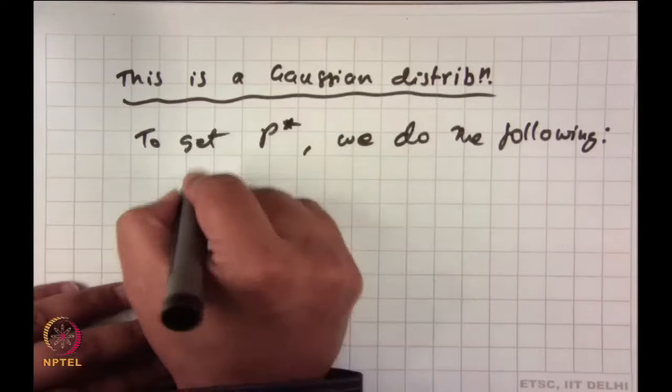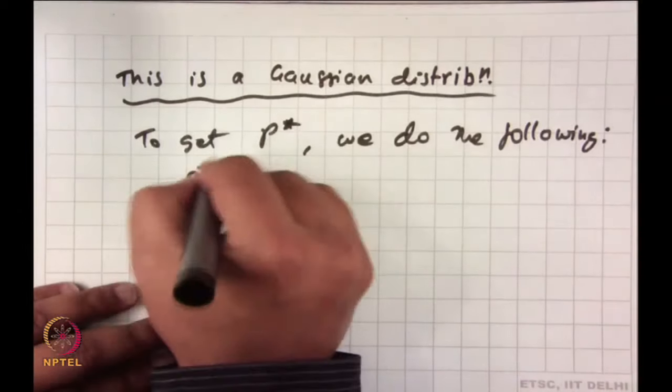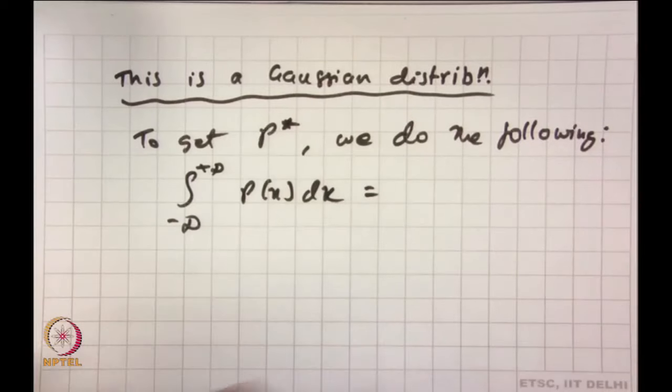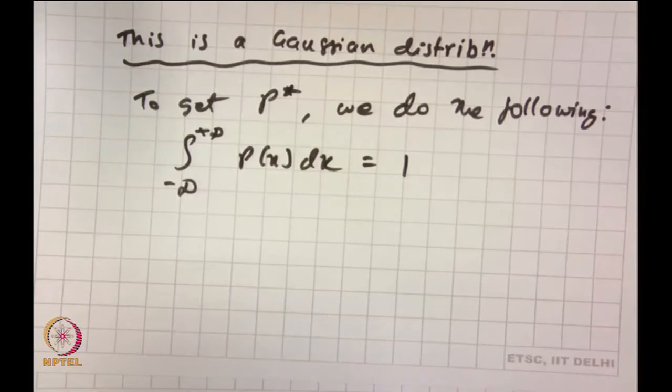So, we say minus infinity to plus infinity p of x dx is equal to 1. Now, remember, is p star a constant or not? It is a normalization constant, right, because p star comes from n1 is equal to n1 star. We have already defined n, the capital N, and we have already defined what n1 star is, which is n by 2 in this case.